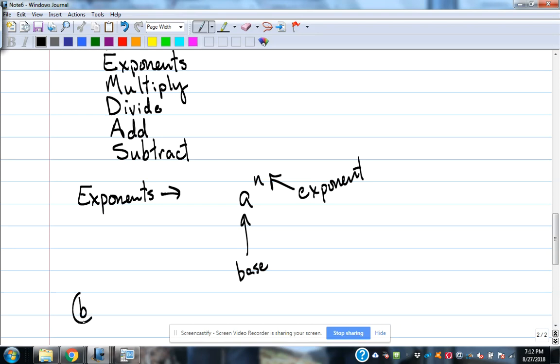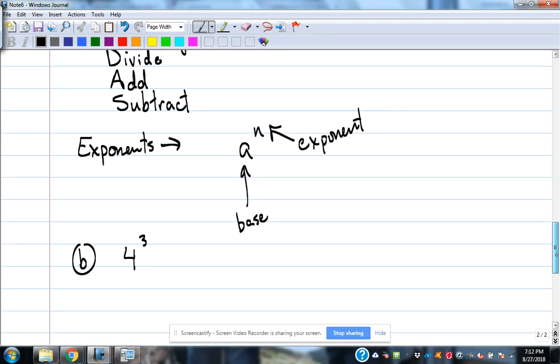A good example would be 4 to the third power. 4 is the base. 3 is the exponent. That's what we're dealing with there. What does 4 to the third power even mean? It means 4 times 4 times 4, which happens to be 64. Not that you have to have that memorized. You can use a calculator to help you.